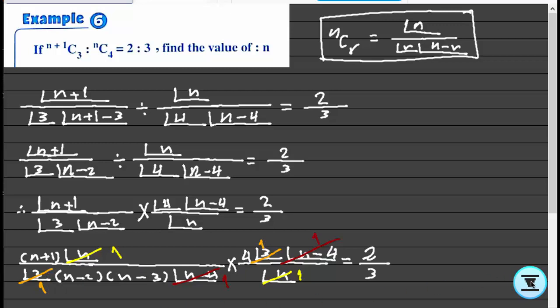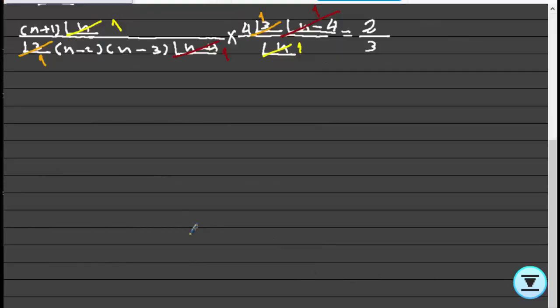So the rest of the fraction is (n+1) over (n minus 2) multiplied by (n minus 3), multiplied by 4 in the numerator.